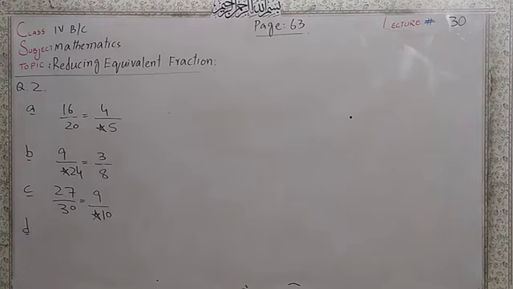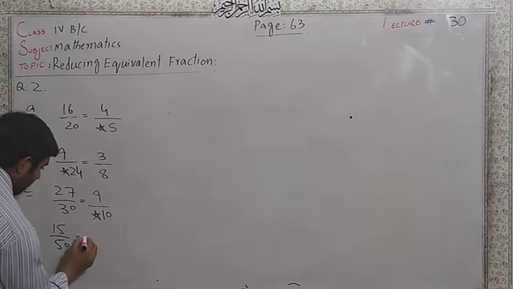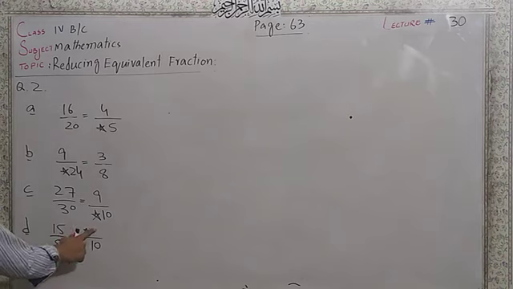And in D, 15 over 50 is equal to 10 over 1. So here we will find this one.